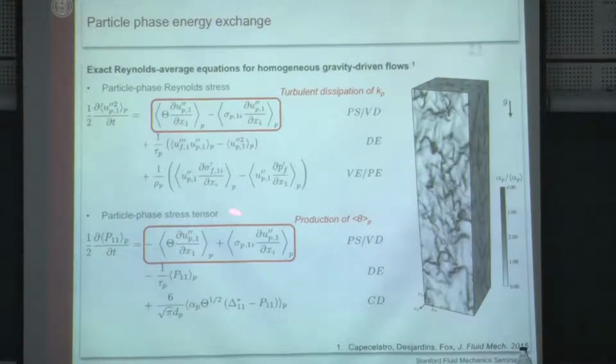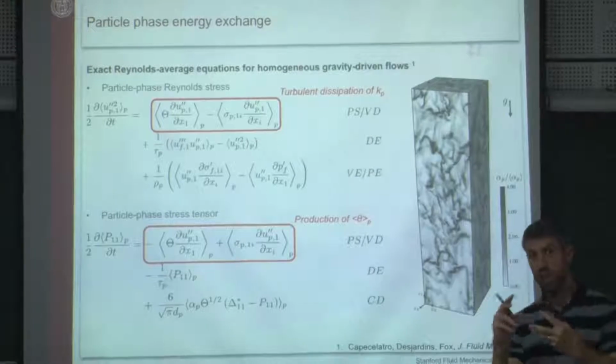That shows up as a source term in our granular temperature equation. I'm not, in fact, writing the granular temperature equation here, but the particle phase stress tensor, of which the granular temperature is the trace. So turbulence in the particle phase, the coherent dynamics in the particle phase, leads to dissipation. That dissipation shows up as a source term in the particle granular temperature. So what you dissipate from those coherent motions, you get it back into random agitation in the particle phase.